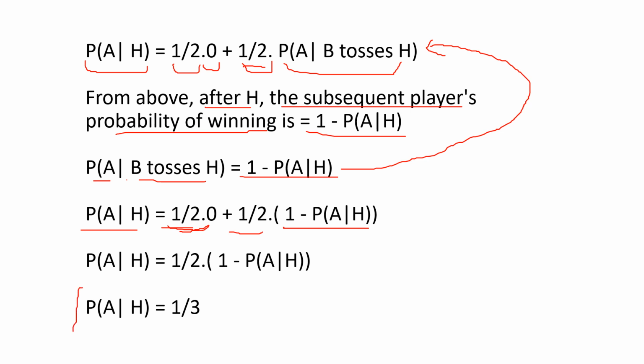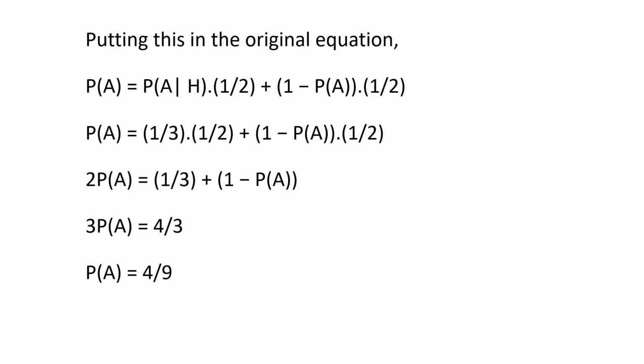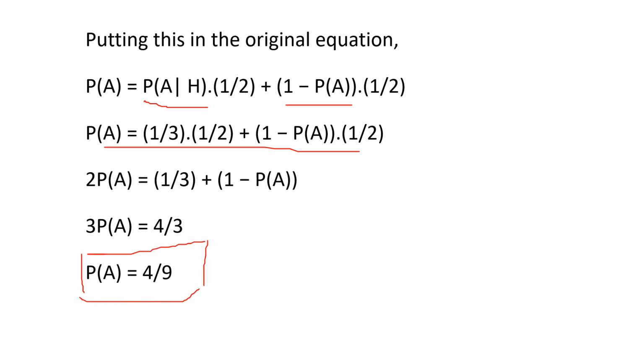Solving this, we get the probability of A winning given that A tossed heads is 1 by 3. Now plugging these values into the original equation, we get an equation in terms of PA, the probability of A winning the game, and we can solve this to find the final answer: the probability of A winning equals 4 by 9.